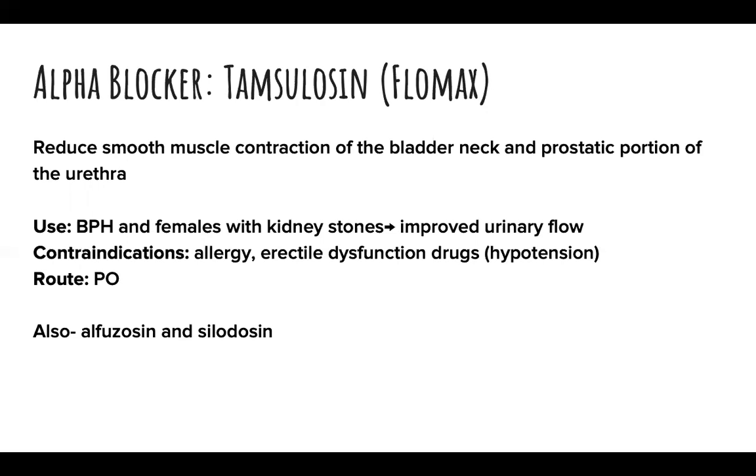Now, another indication would be patients with kidney stones. Kidney stones are little rocky stones within the urinary system, and they can be very challenging to pass, incredibly painful. So the tamsulosin can open up or dilate that urinary system and make the kidney stones easier to pass.